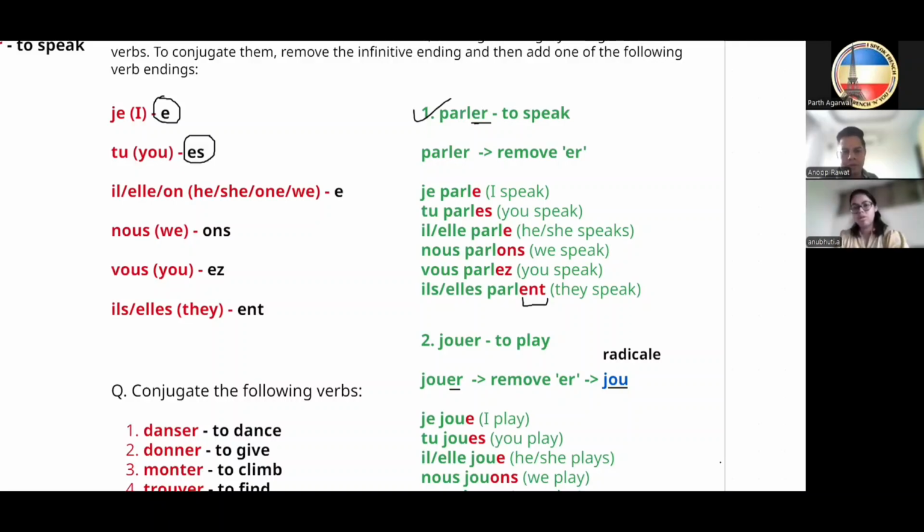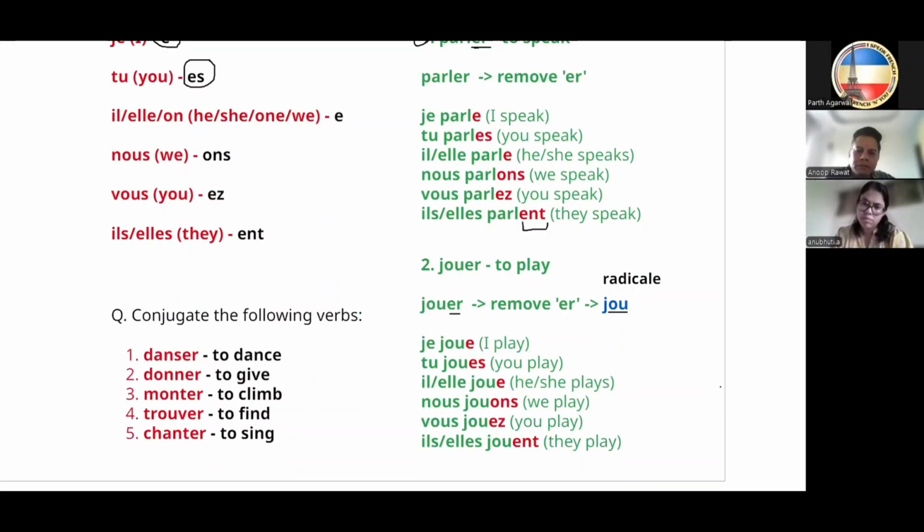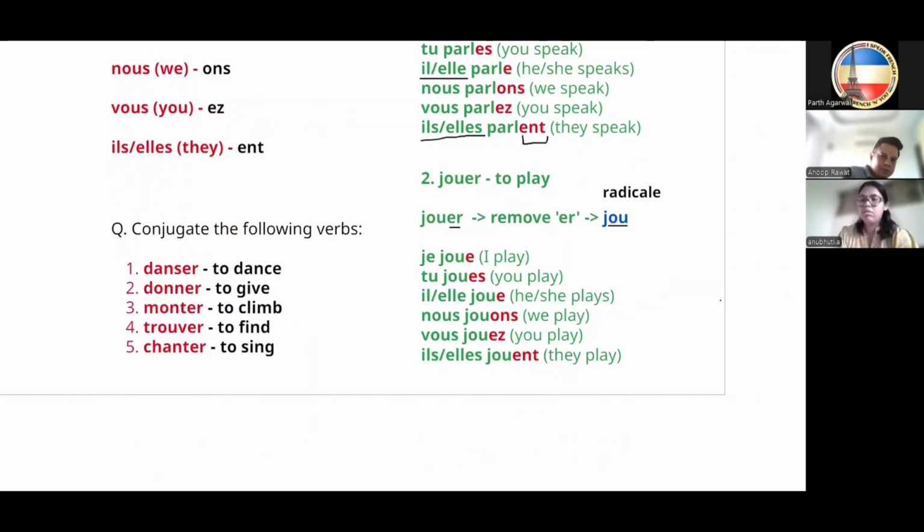So whenever you pronounce these types of verb conjugations with the plural, you will say il parle, elle parle, and the pronunciation remains the same. In both cases, singular and plural, the pronunciation will not change. If we talk about il joue, elle joue, then here also the pronunciation will not change.